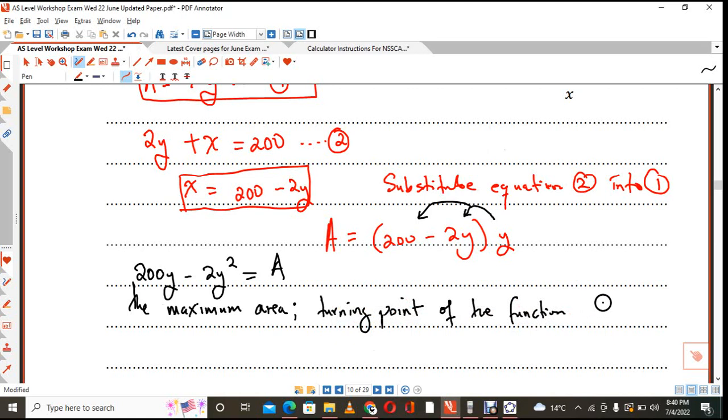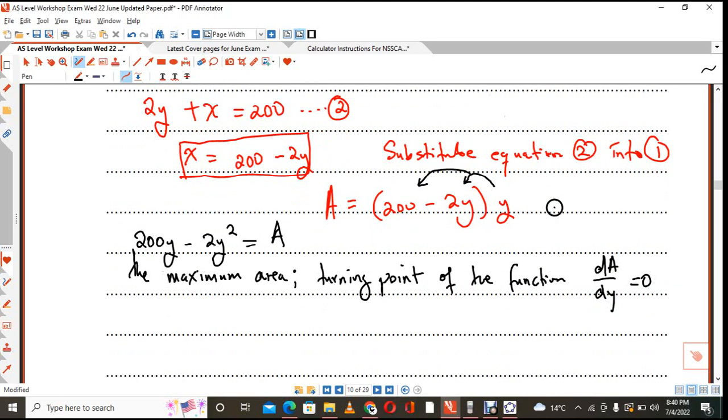At the turning point of that function, the gradient is equal to 0. That's one of the things you must remember. Because if you were to sketch that graph, it's going to be something like this, obviously. And at the turning point there, the gradient is equal to 0. Okay? So dA/dy is equal to 0. So we need to find the derivative of that, let it equal 0, and then we solve for y. Okay, that will give us one measurement.